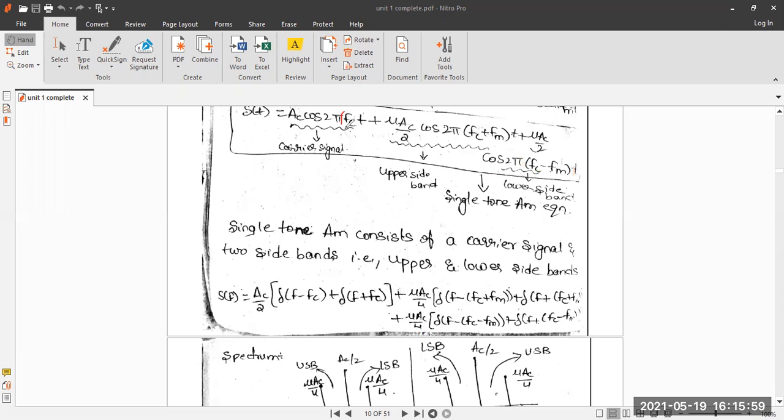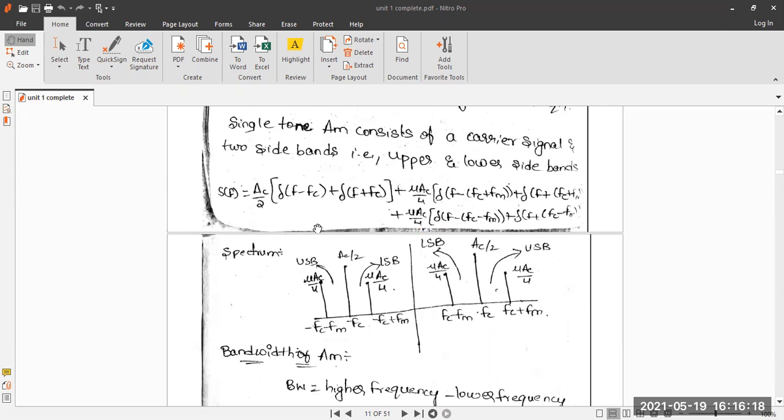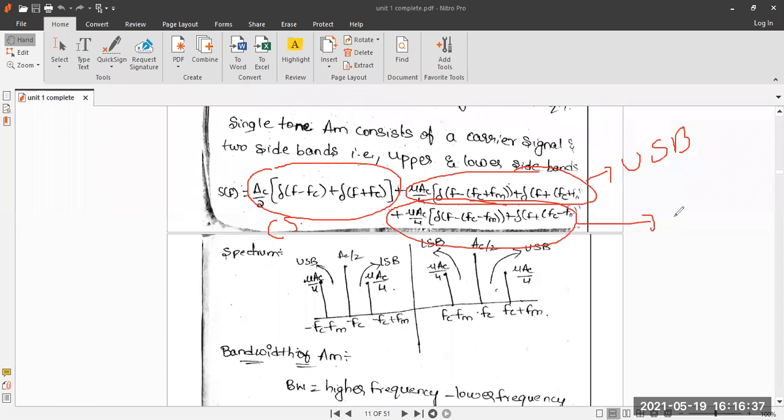So this is the first term, the carrier signal; this is the second term, the upper sideband signal, fc plus fm; and this is the third term, the lower sideband signal, fc minus fm.